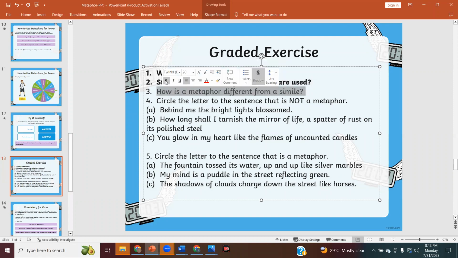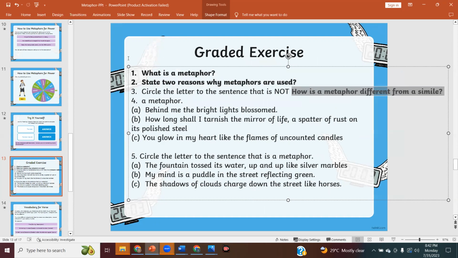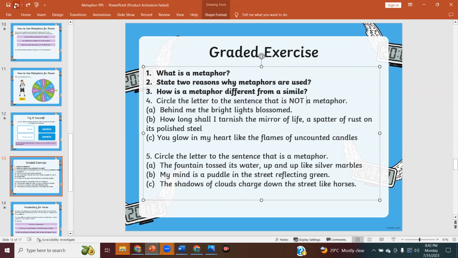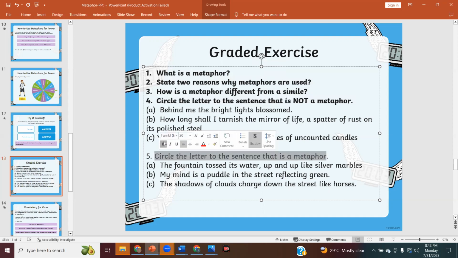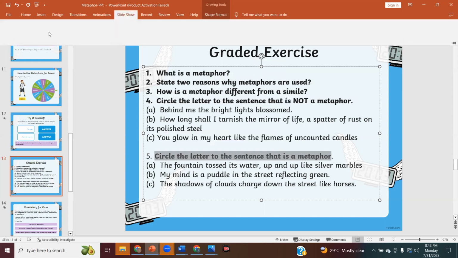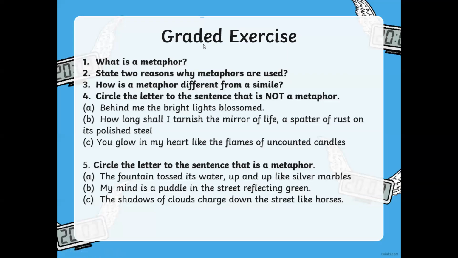Number 3, how is a metaphor different from a simile? Number 4, circle the letter to the sentence that is not a metaphor. And number 5, circle the letter to the sentence that is a metaphor. Once you are finished, please send in your work so that I can mark it, and then I can release you.